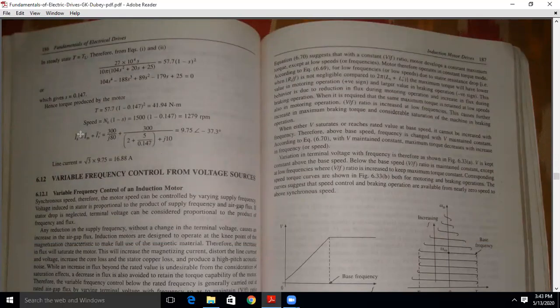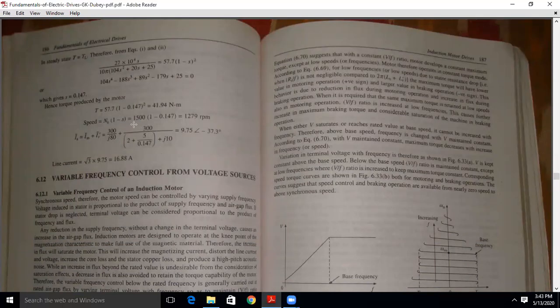Then IS is the resultant of IM plus IR dash. IM is 300 by j80, and IR dash is 300 divided by (2 plus 5 divided by 0.147 plus j10). So the line current will be 16.88. This is the example based on speed control.